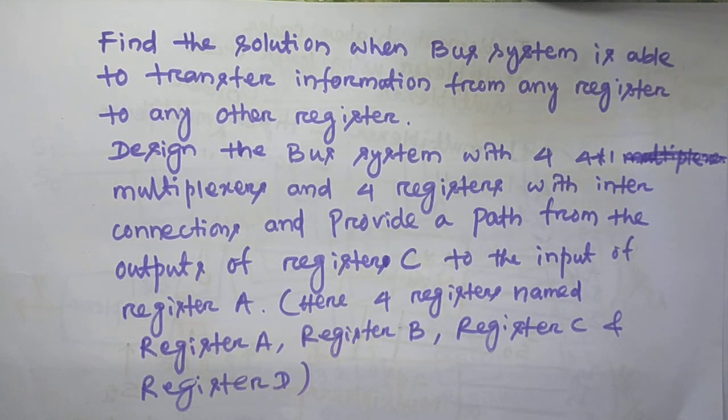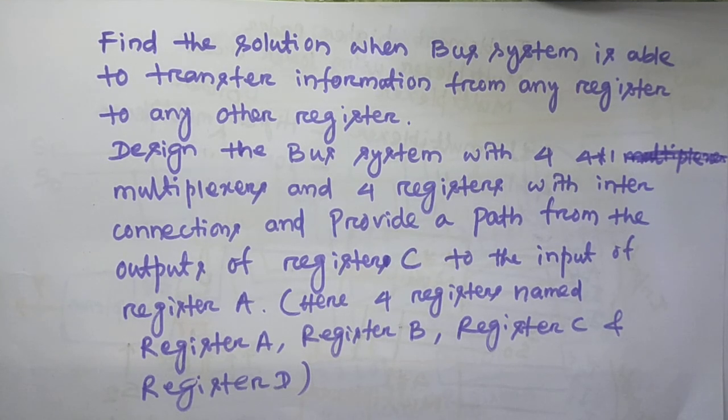See, the problem is defined in this way: find the solution when the bus system is able to transfer information from any register to any other register. We have to find out the solution for how to transfer from any register to another register through the bus system.